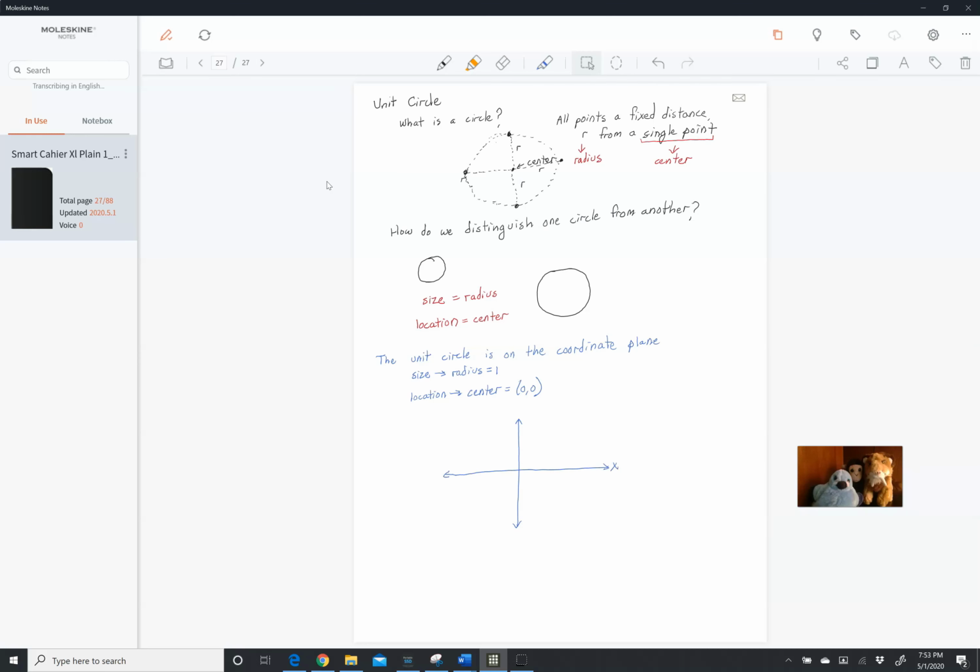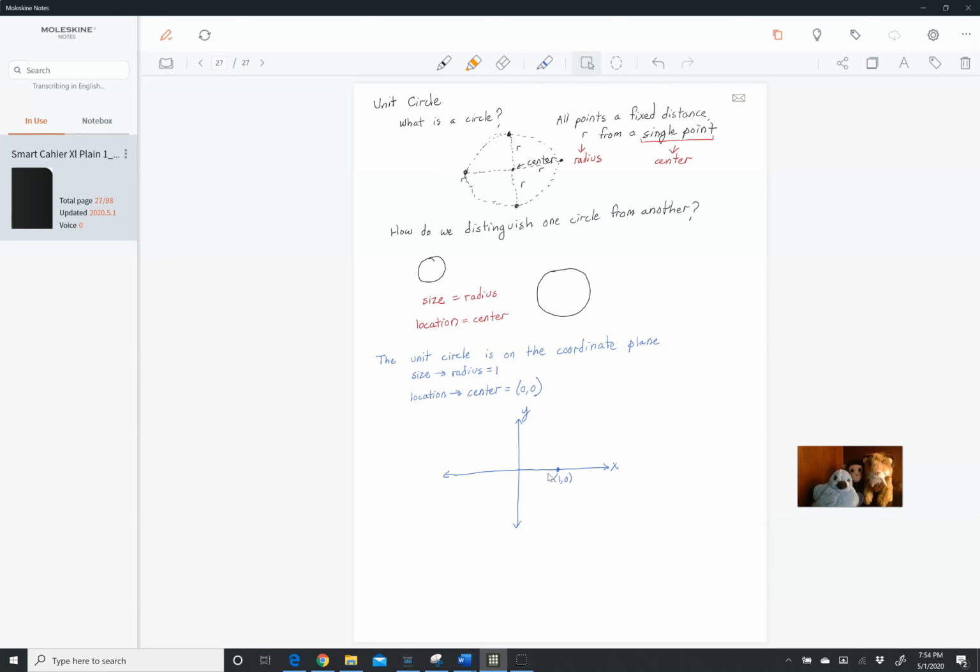So here is our x-y axis. The way that we would construct this circle is its center is at 0, 0, so we're starting at 0, 0, and its radius is 1. So what that's doing is saying every point is exactly 1 unit from the center. The easiest way to do this is to construct the 4 points that are on the axes, because we know what those are. If we go to the right by 1 unit, we are at the point 1, 0.